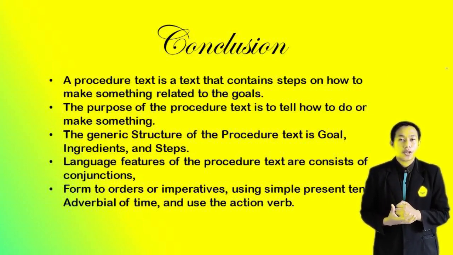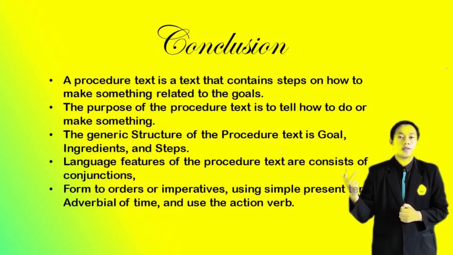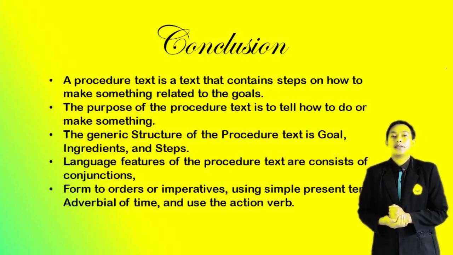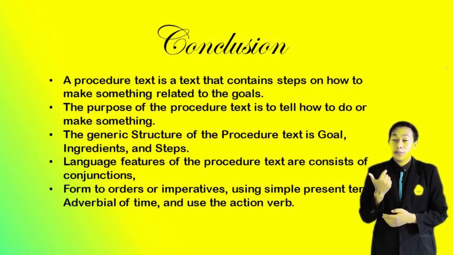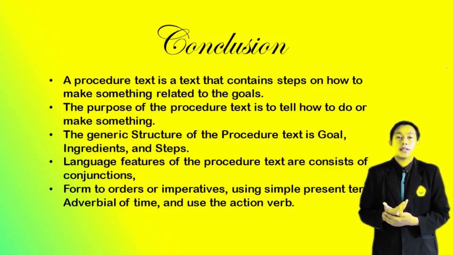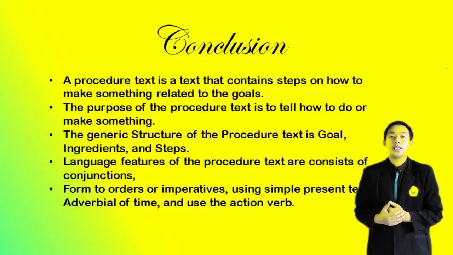The generic structure of procedure text is goal, ingredients, and the last is steps, of course. The last is language features. The language features in the procedure text consist of conjunctions, form of order or imperatives, the simple present tense, and adverbs of time. And the last is using action verbs.